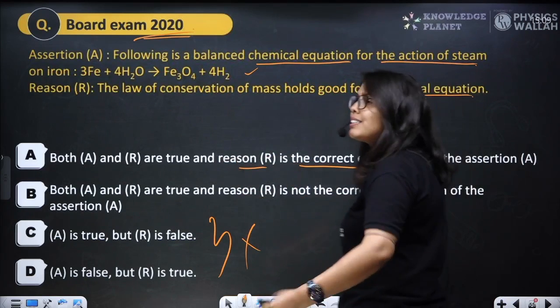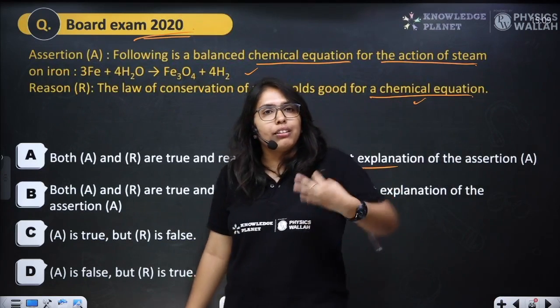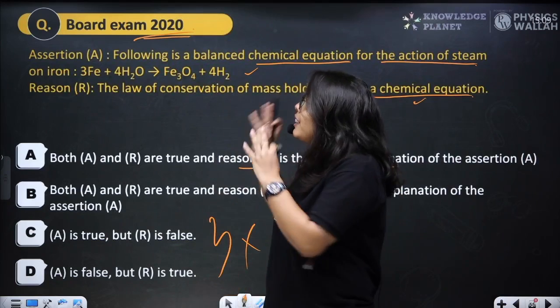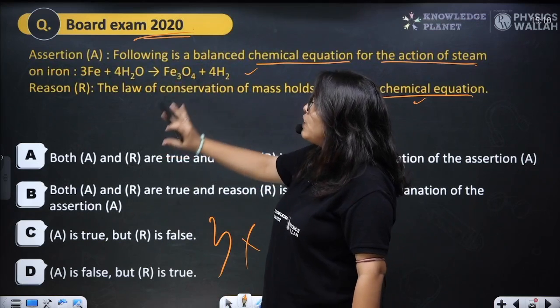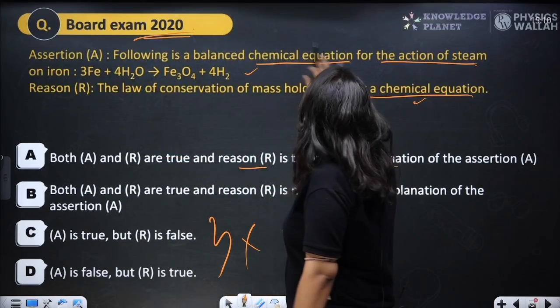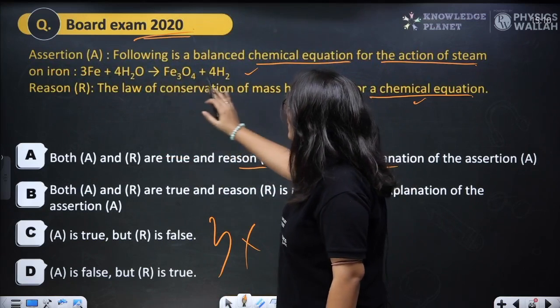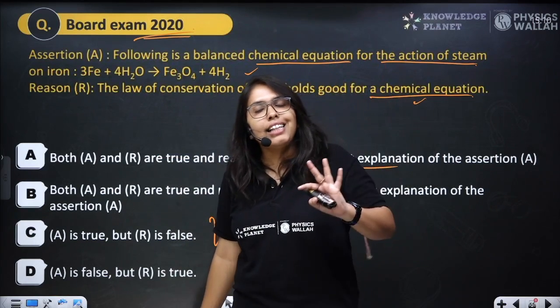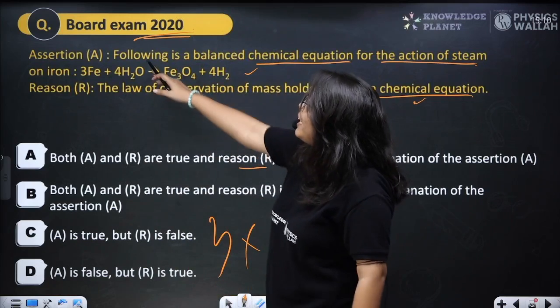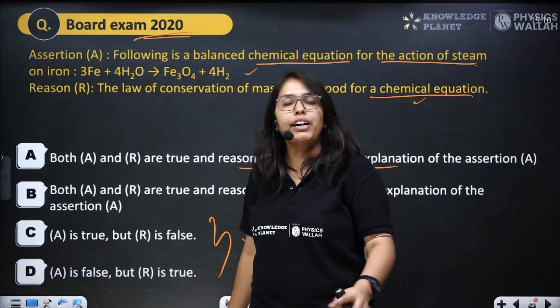Now how do you reach out, or I would rather say think or tackle questions like this? Simple. When assertion and reasoning is asked, you have to read it like this: balanced chemical equation is good because law of conservation of mass holds good for a chemical equation. Just add the term because after reading the assertion and before reading the reason.